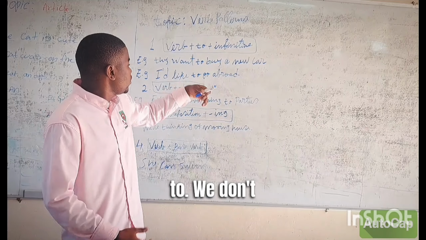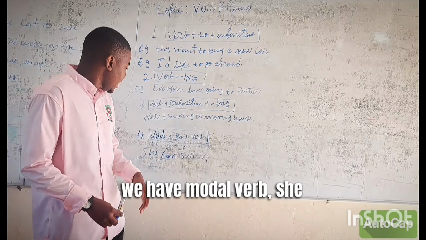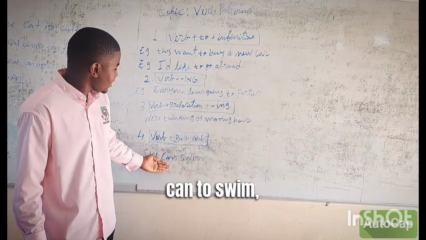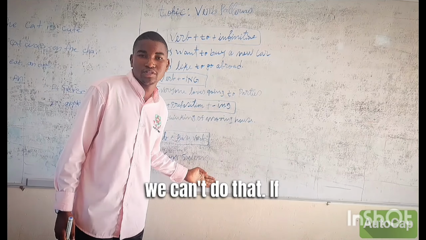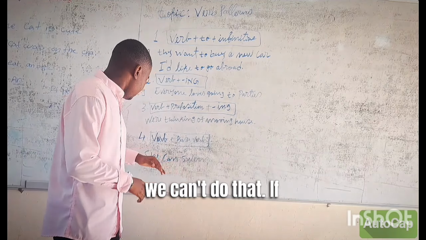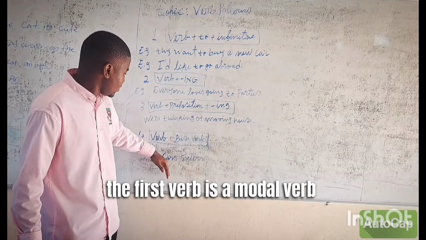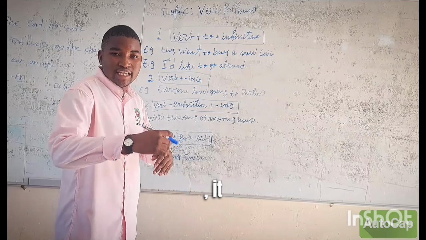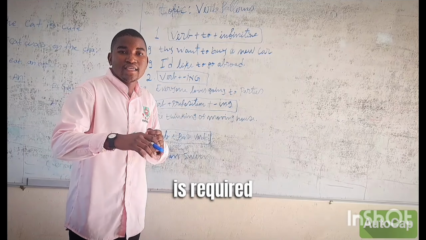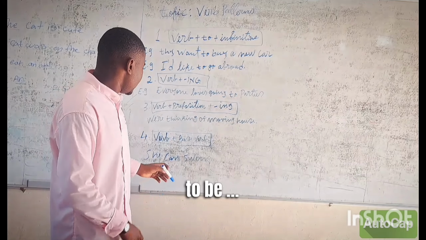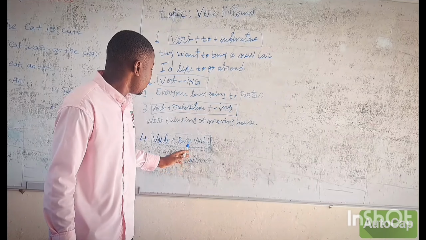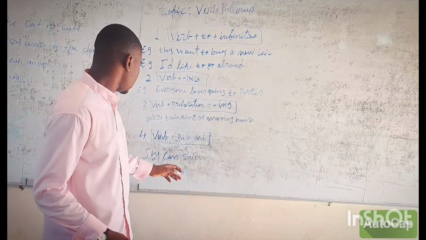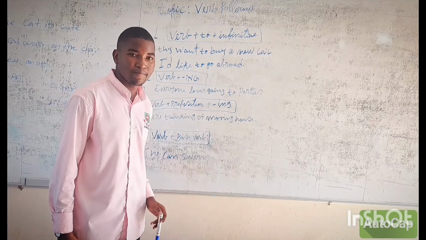We can't say, she came to swim. If the first verb is a modal, the next verb is required to be without to. So, she can swim.